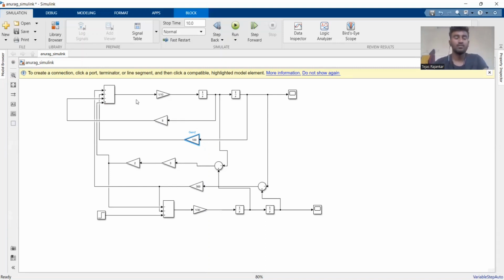After that, from the integrator block of displacement, we got the displacement, and it is multiplied with the spring coefficient of the first system.